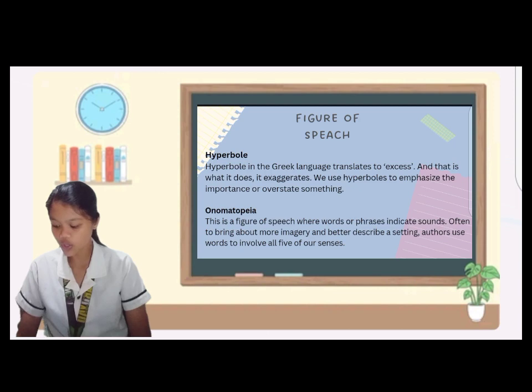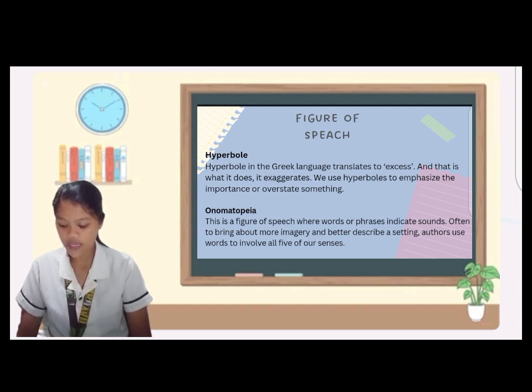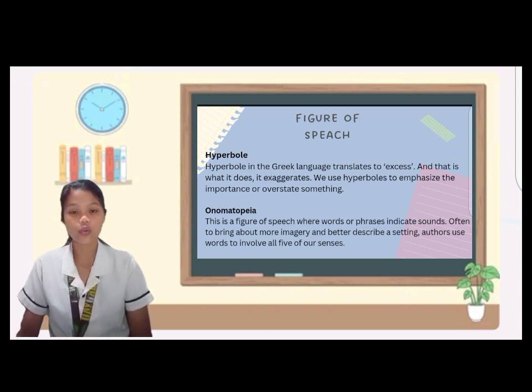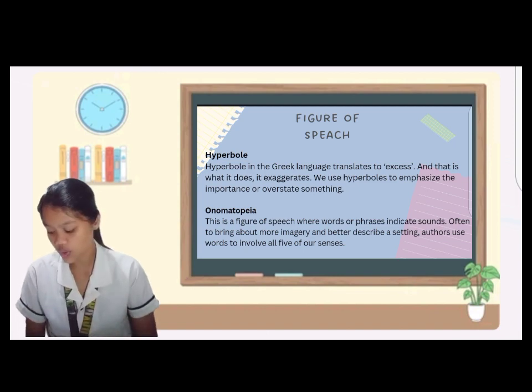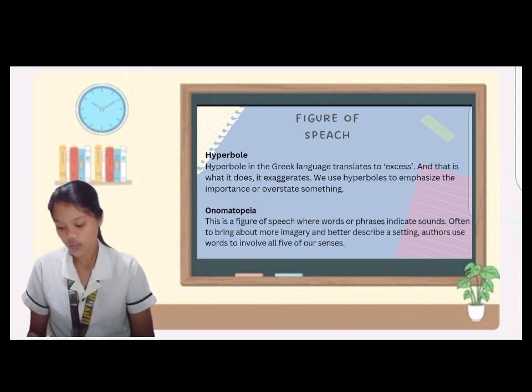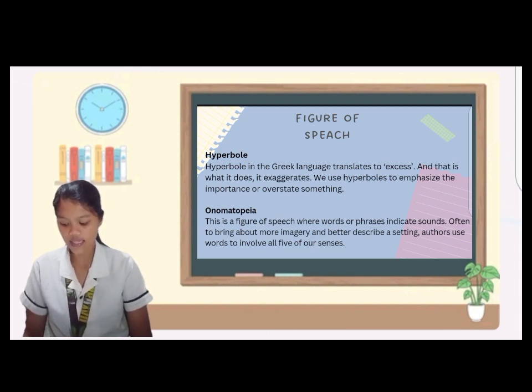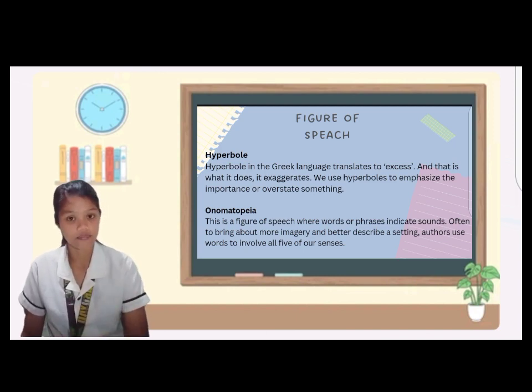Onomatopoeia is a figure of speech where words or phrases indicate sounds. So you are using sounds, often to bring about more energy and to better describe a setting. You are also using the senses. Okay?